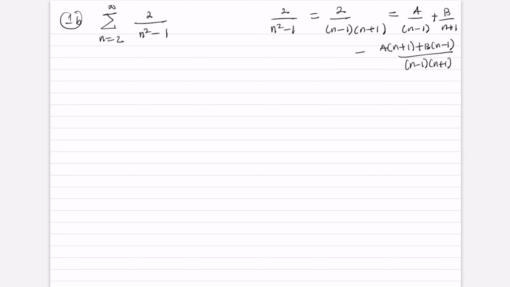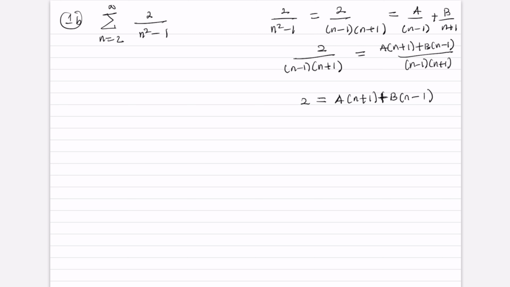Then this is exactly equal to what I have on the left-hand side, which is 2 divided by n minus 1 multiplied by n plus 1. Because they have the same denominator, I can cancel it out. Then I'm going to have 2 equals a times n plus 1, plus b multiplied by n minus 1.